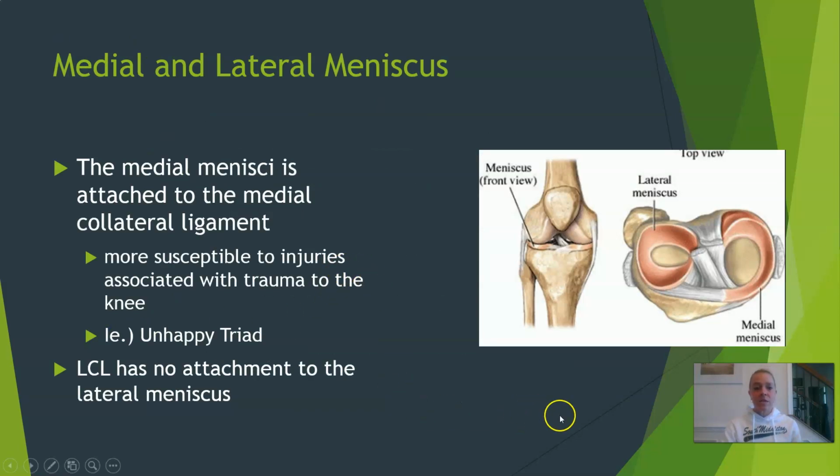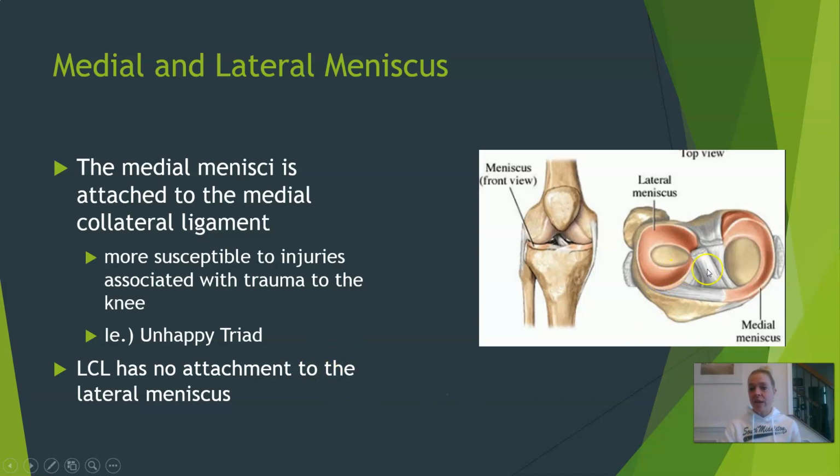This is just another picture of your medial and lateral meniscus. Your medial meniscus is also attached to the medial collateral ligament, so it's cut here, but there is attachment there. And you can see it also comes in and feeds a little bit into your ACL, the anterior cruciate ligament. So that is why we sometimes have what we call the unhappy triad.